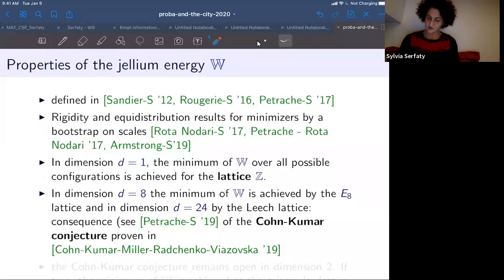There are some special lattices: the E8 lattice and the Leech lattice in dimension 24, which are conjectured by the Cohn and Kumar conjecture to be minimizers of this interaction energy, but of a broad class of interaction energies. So they're actually universally minimized.